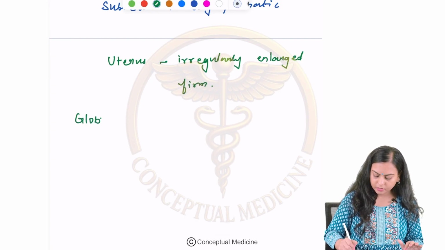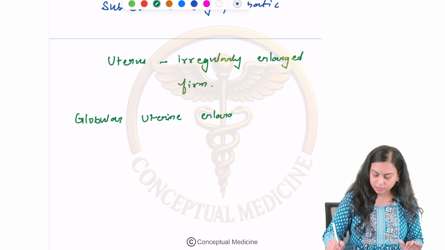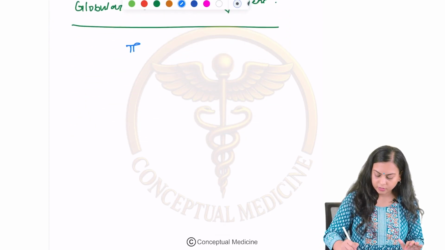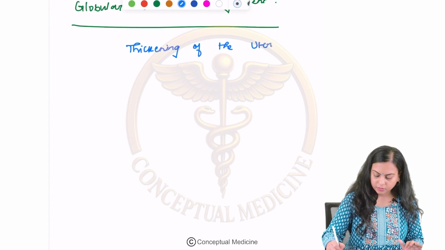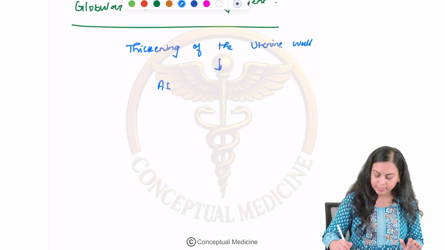There is globular uterine enlargement, thickening of the uterine wall, which may be asymmetric in focal disease.